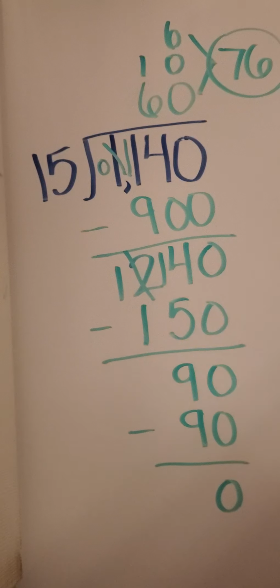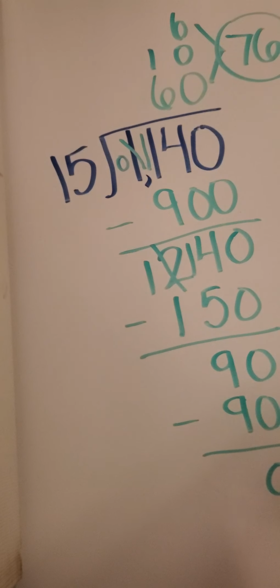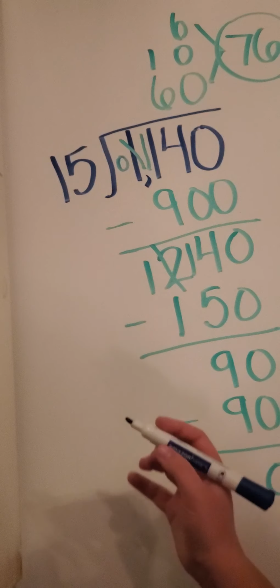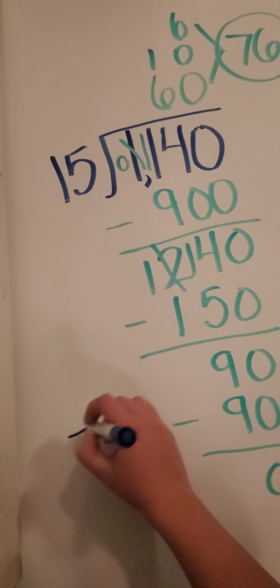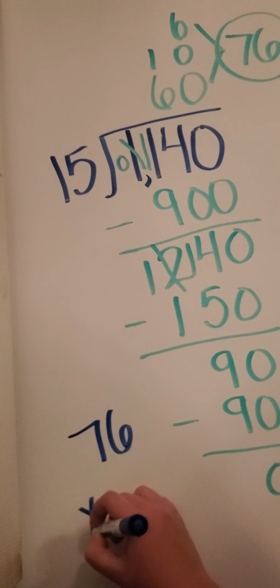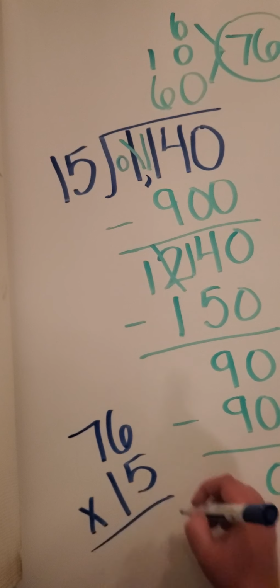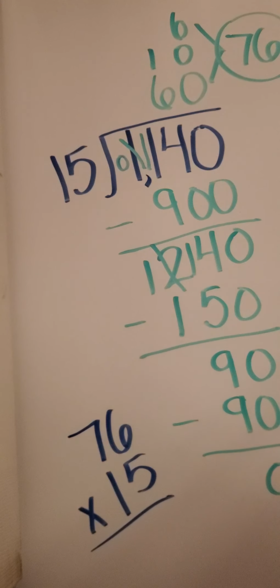So I'm going to come back here and I'm going to multiply. All right, looks like we have some space over here. So I need to make sure that 76 times 15 equals 1,140. Okay.